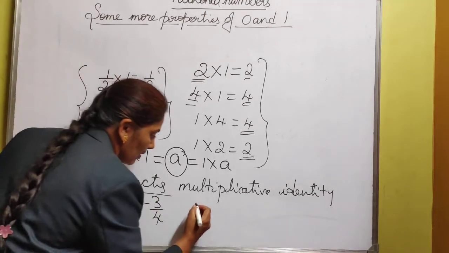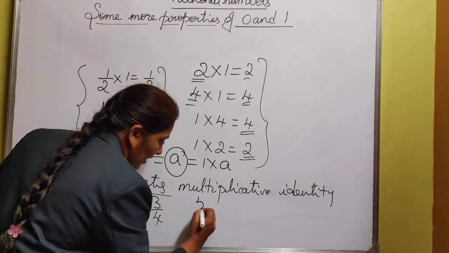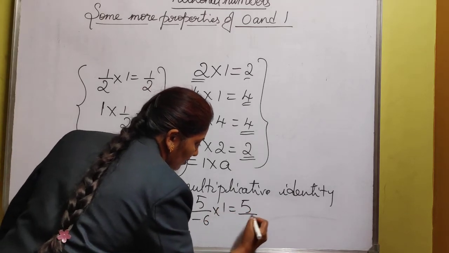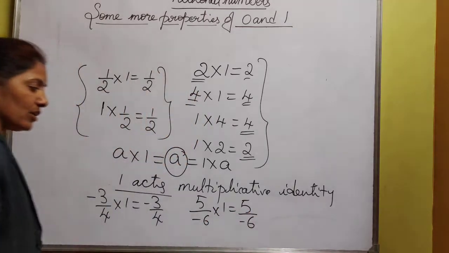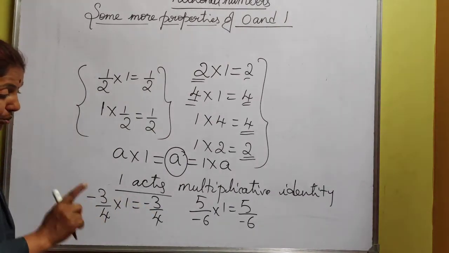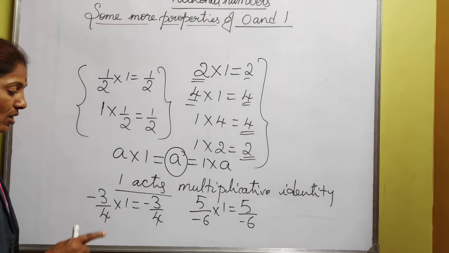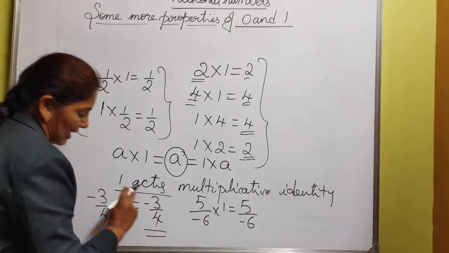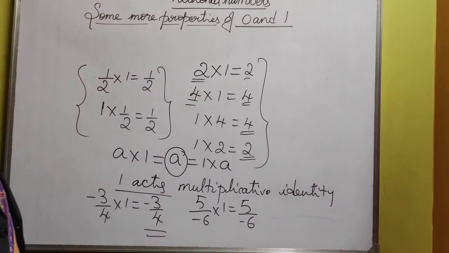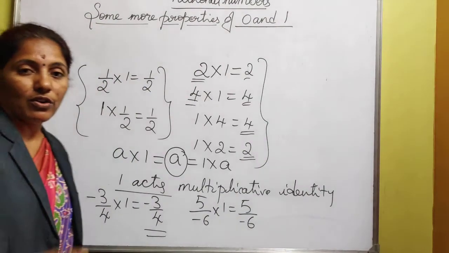Or 5 by minus 6 into 1 is again 5 by minus 6. There is no change, even in the signs. So 1 acts as the multiplicative identity. This is all about the property of 1.